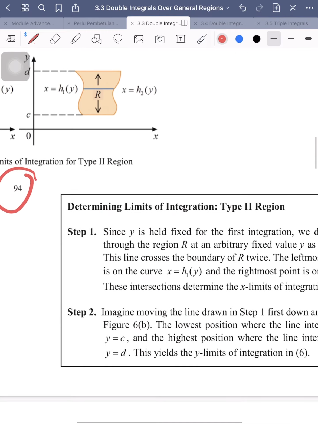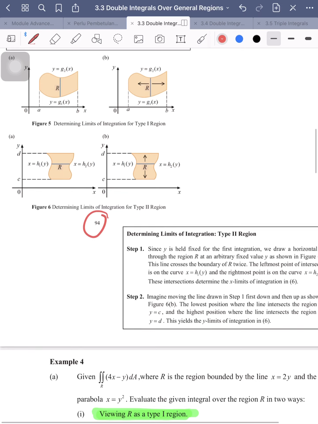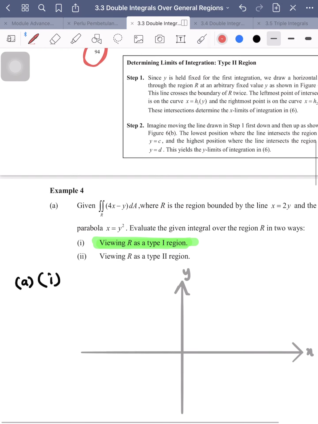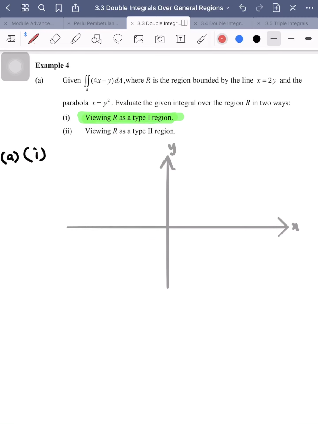Okay, let's try an exercise. You can read the notes inside your book, page 94, but I'm going to explain in detail with an example. Read the question first.